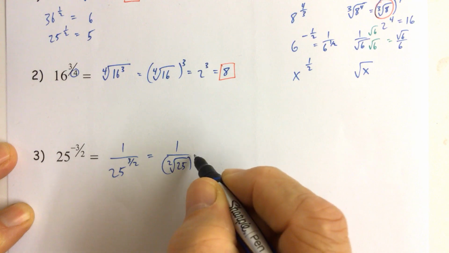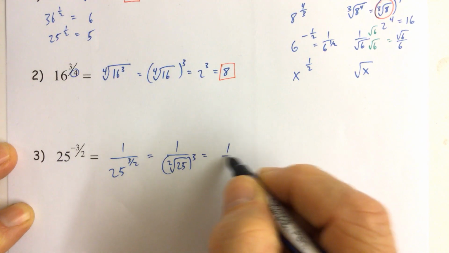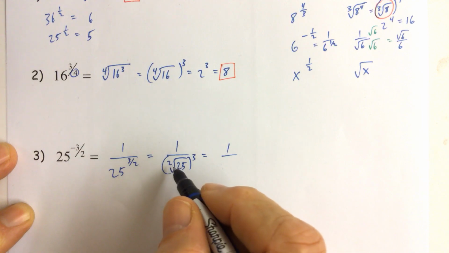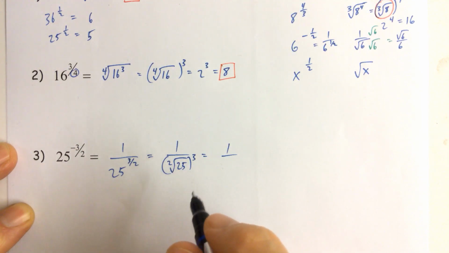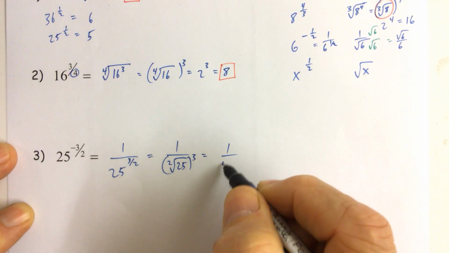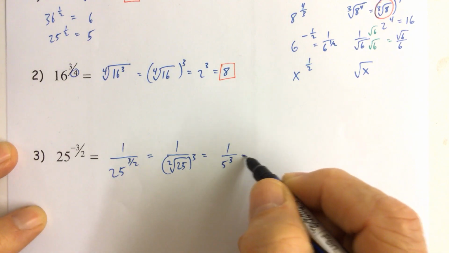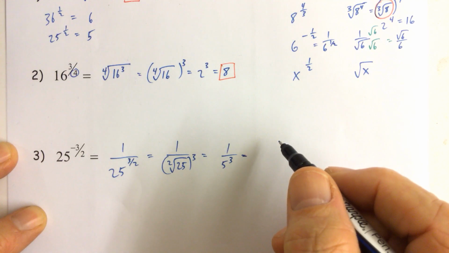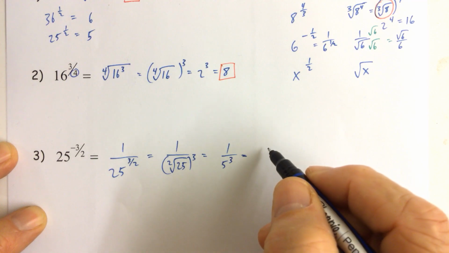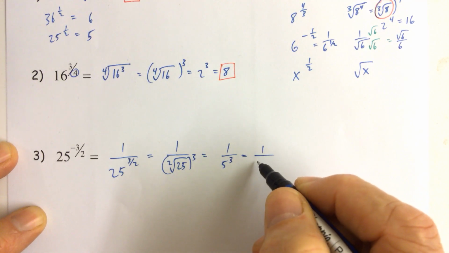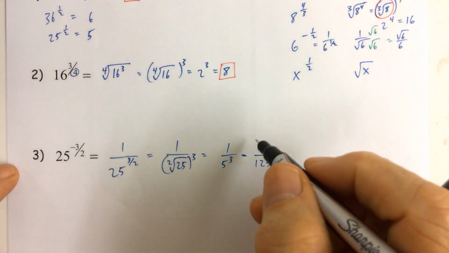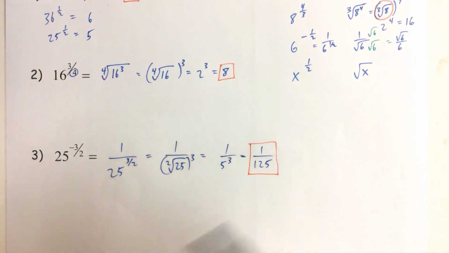I don't have to put the 2 there if I don't want to, because I know that a 2 there means the square root, and without a 2 it also means the square root. So the square root of 25 is 5, and we know that 5 cubed is 5 times 5 times 5, so that's like taking 25 and multiplying that by 5, and it's like having 5 quarters, and 5 quarters would add up to $1.25, so 5 times 5 times 5 is 125.